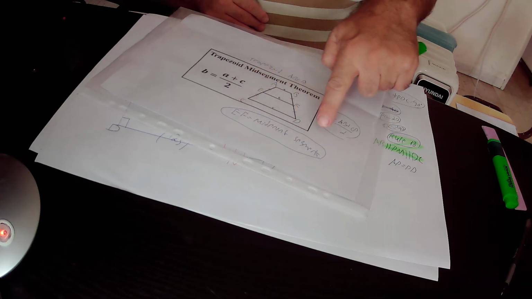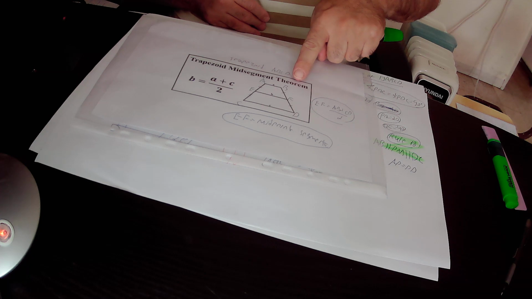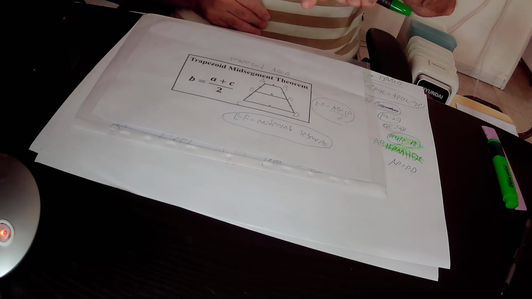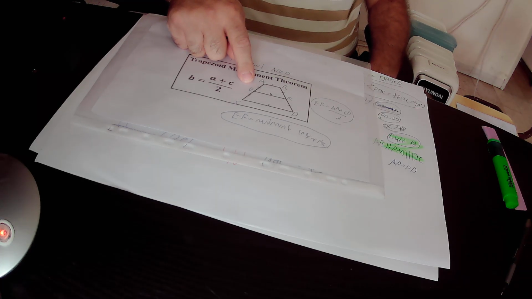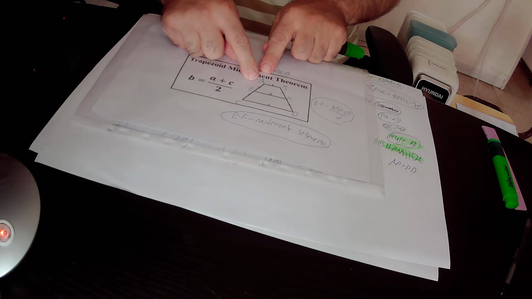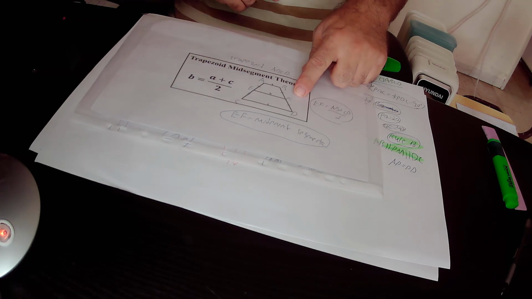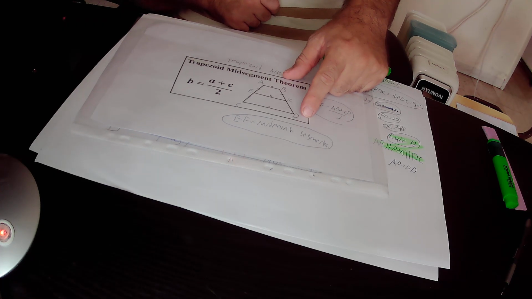This is trapezoid ABCD. That is to say, side AB in quadrilateral ABCD is parallel to side CD. This is point E. Point E is the midpoint of AC. Likewise, this is point F. Point F is the midpoint of BD.